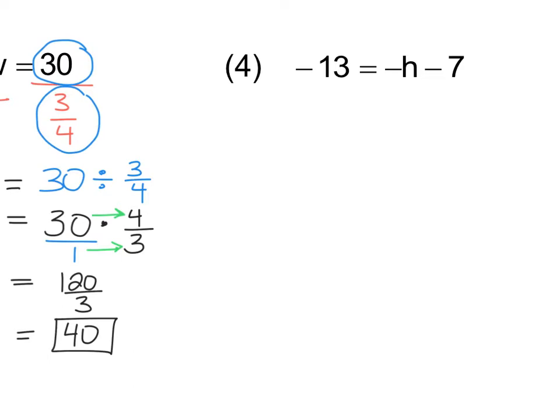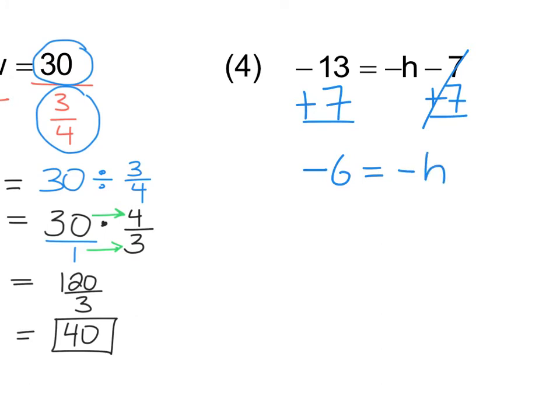It'll come up again. All right, first move in number 4 would be to do what? Add the 7. I'm going to go blue for those keeping score at home. Got a little cancellation there. What is negative 13 plus 7? Negative 6 equals negative h. All right.